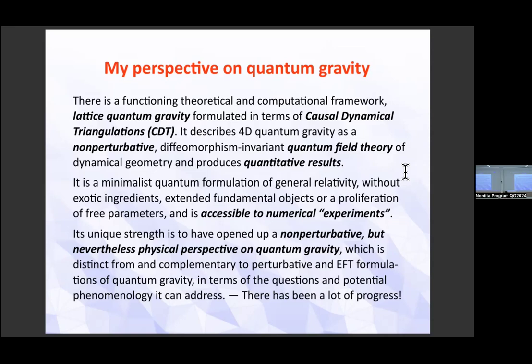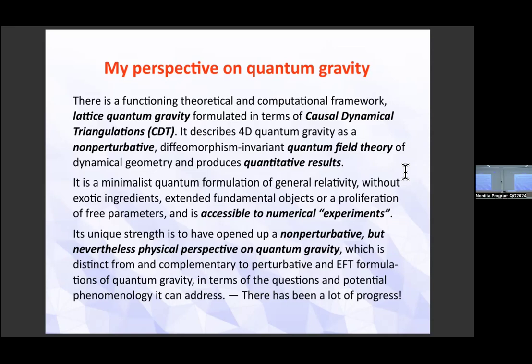It's minimalist. You could say it's the more or less straightforward quantum formulation of general relativity without any exotic ingredients or symmetries, extended fundamental objects, think loops or strings, or a proliferation of free parameters. And it is accessible to numerical experiments, which allows us to extract those quantitative results.